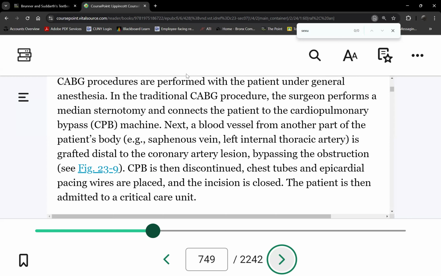Because a non-beating heart means you have to divert the blood flow. So the patient would be placed on a heart-lung machine, divert the blood there. So your patient's blood will be pumped and oxygenated by a machine. Circulation will continue. However, the heart stops. And then they'll do the bypass graft.